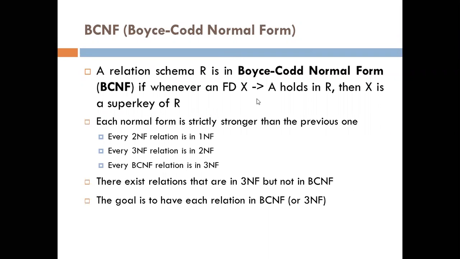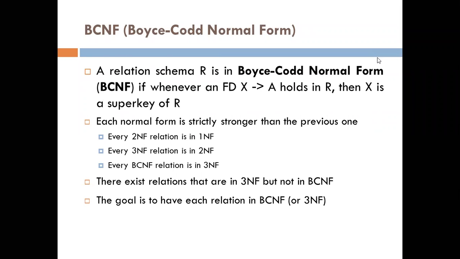A relational schema R is said to be in Boyce-Codd normal form, in short form we call it BCNF, if whenever a functional dependency X determining A holds in a relation R, then X is a super key of R. So X must be a super key.